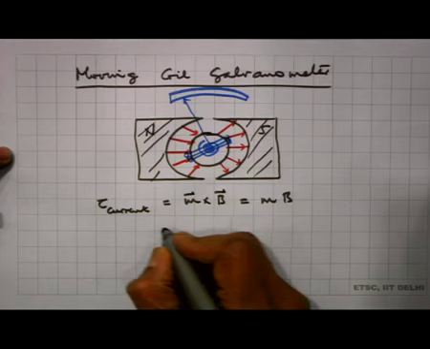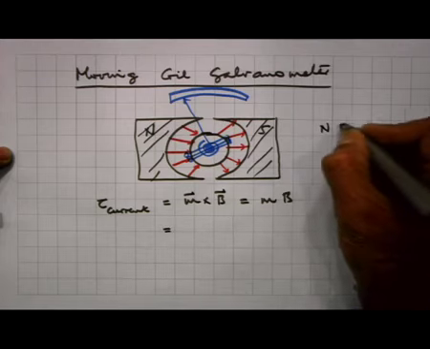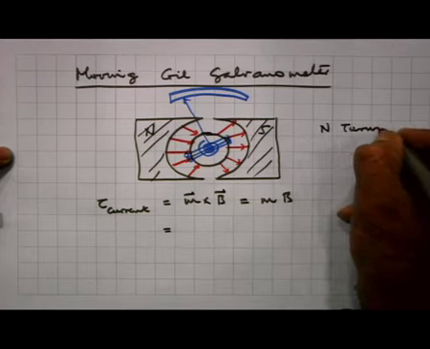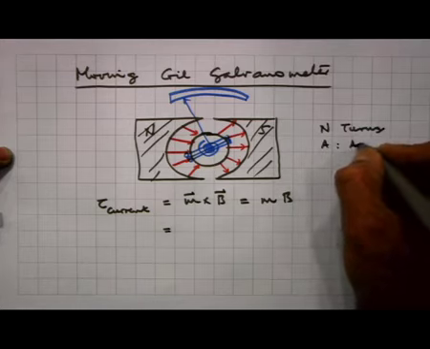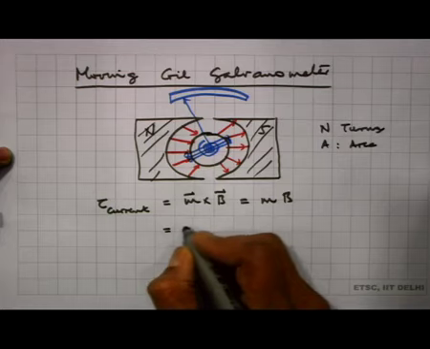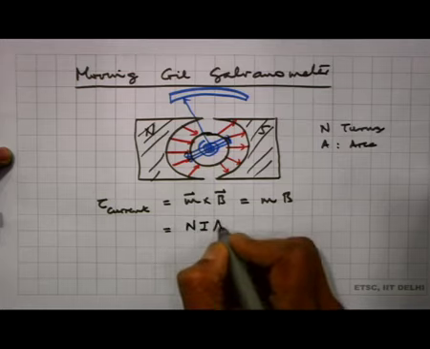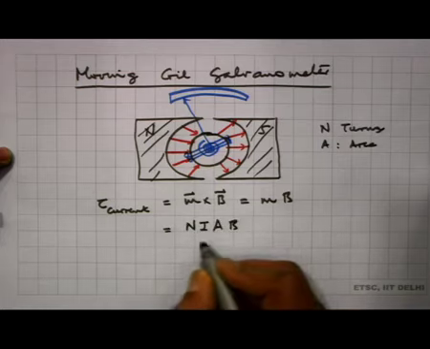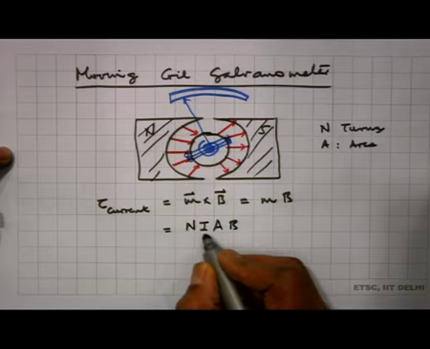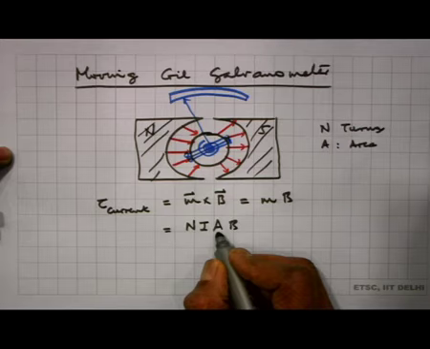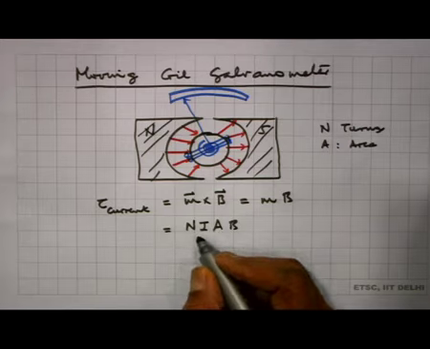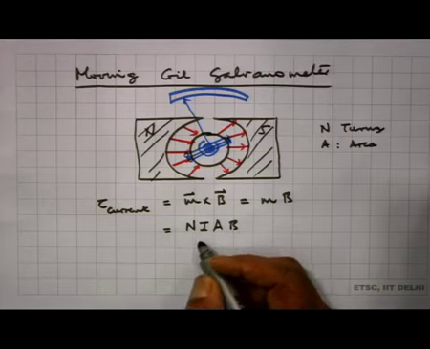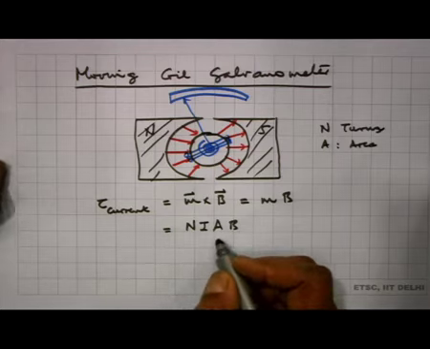If there are N turns and the current is I and the area of the loop is A, then for one loop the dipole moment is I times A, and if I have N such closely bound loops, the total dipole moment is NIA, and the torque due to current is NIAB.